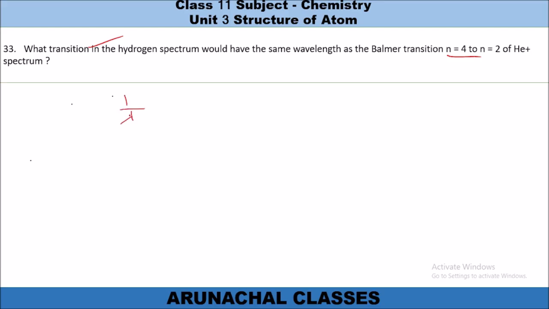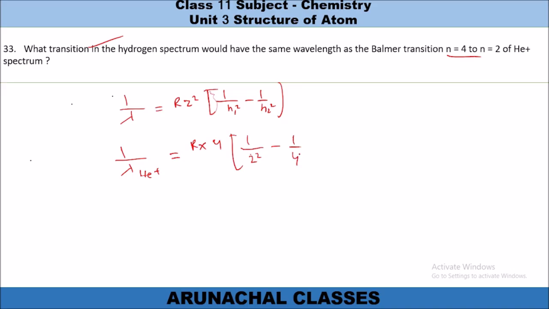We use the Rydberg formula, Rydberg equation, 1 upon lambda equal to R Z square, bracket, 1 upon n1 square minus 1 upon n2 square. Put the values there. 1 upon lambda of helium He positive ion equal to R multiplied by Z square, Z is the atomic number of helium, that is 2 square, 2 square is 4, bracket 1 upon 2 square minus 1 upon 4 square.